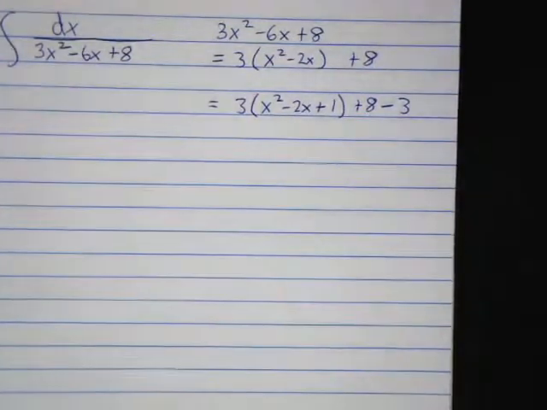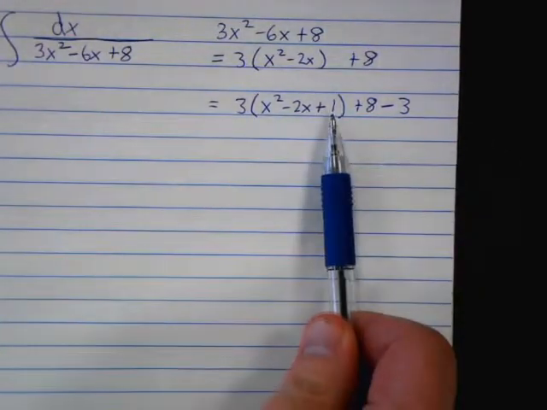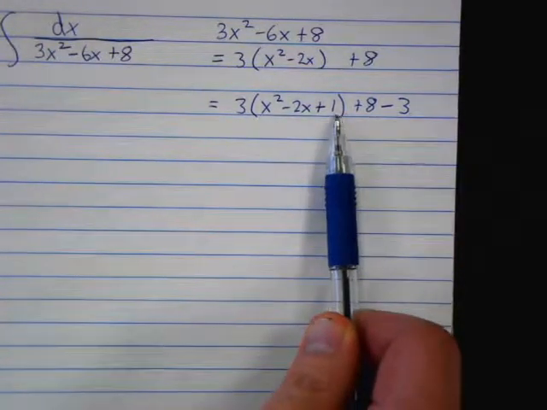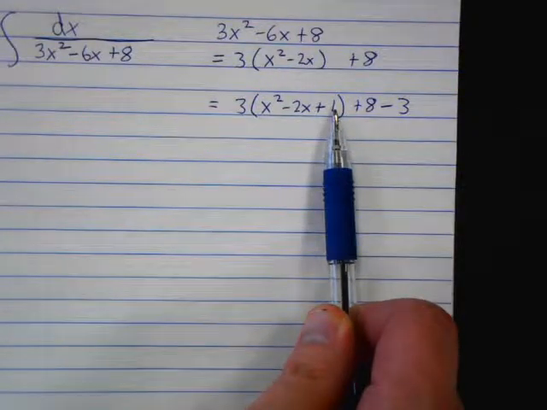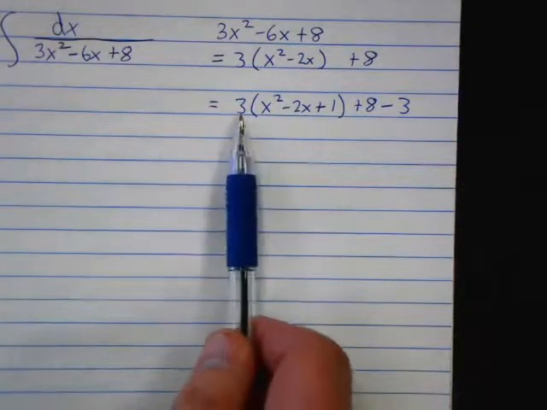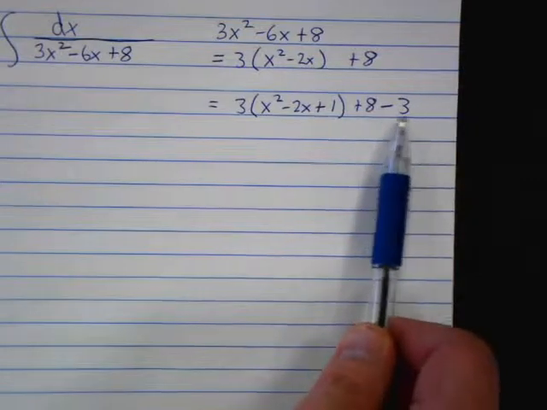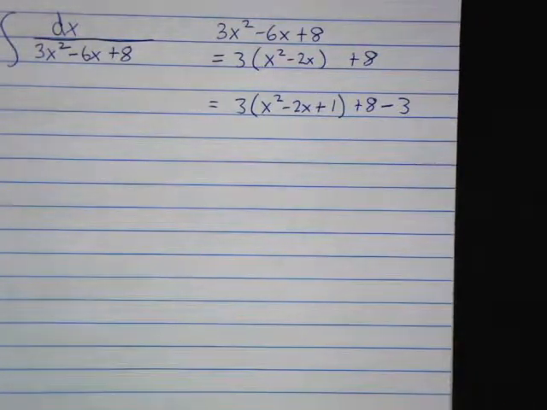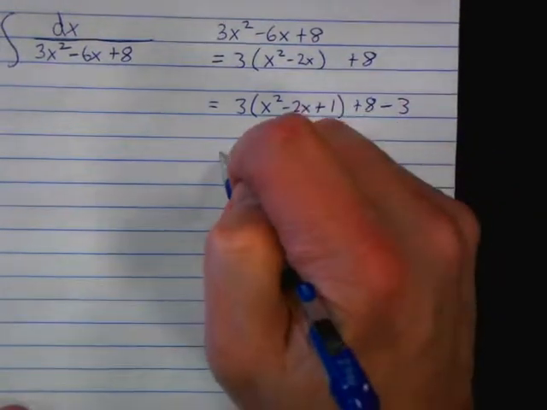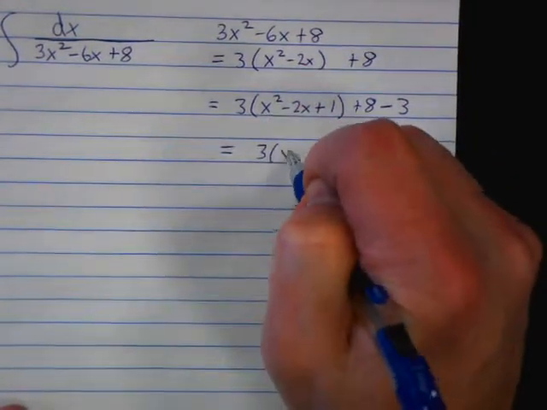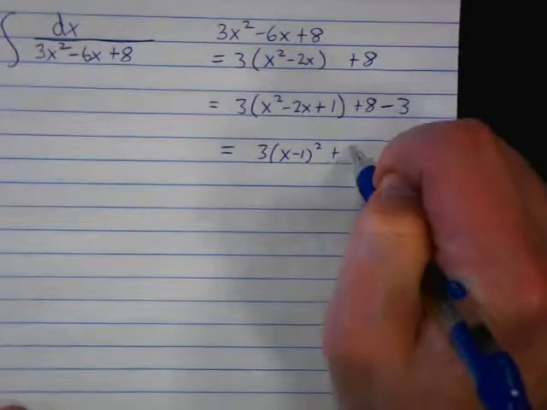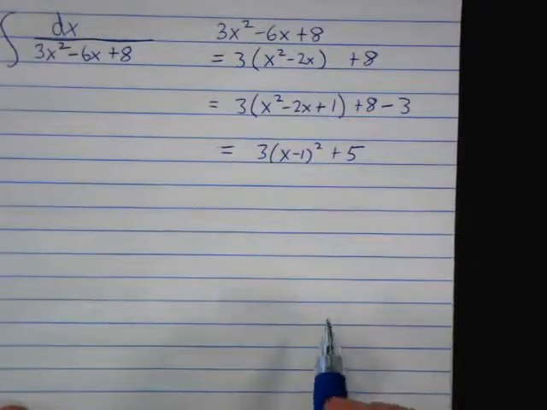Same deal. Because this 1 is inside the parentheses, I really added 3 times 1, which is 3, just like we had with the minus sign a minute ago. So since I added a 3 here, I'm going to subtract a 3 there to balance it out. Alright, so 3 times x minus 1 squared plus 5.